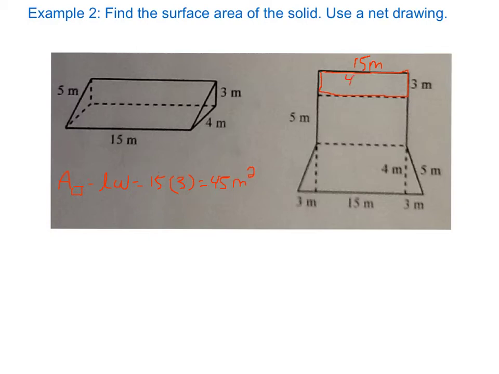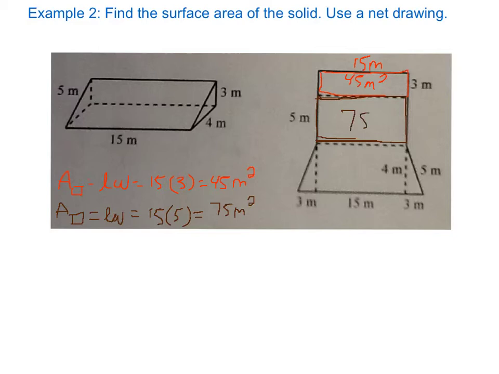So this is 45 meters squared in that area. Now if we look at this particular rectangle here in brown, find the area of that rectangle. Again, length times width. So we have 15 times 5, which gives us 75 meters squared.